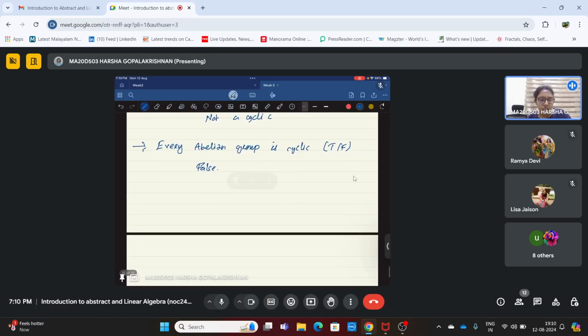Okay, so we will give one example for that. That is our Klein-4 group. We have already seen in the last week what the Klein-4 group is. So its group table is given like this. So 4 elements E, A, B, C under the operation star.